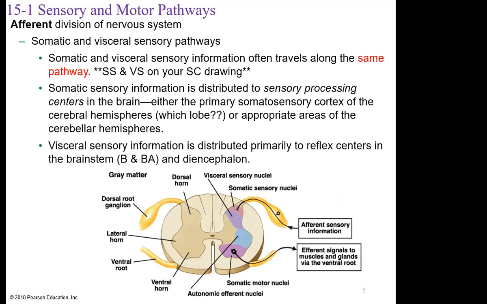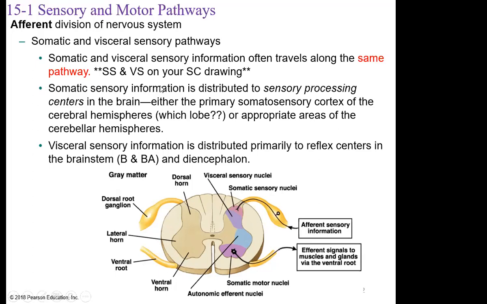Remember, somatic being associated with skeletal muscles, and of course visceral is associated with anything that has to do with the organs. So we're going to talk through in more detail than we went into with the spinal cord chapter of what exactly we are talking about when we look at these pathways and how information actually gets from the periphery into the spinal cord and or into the brain.